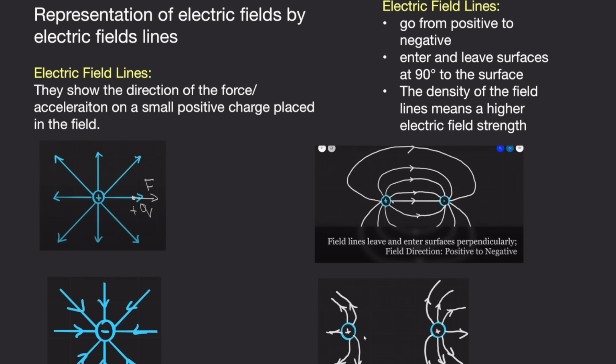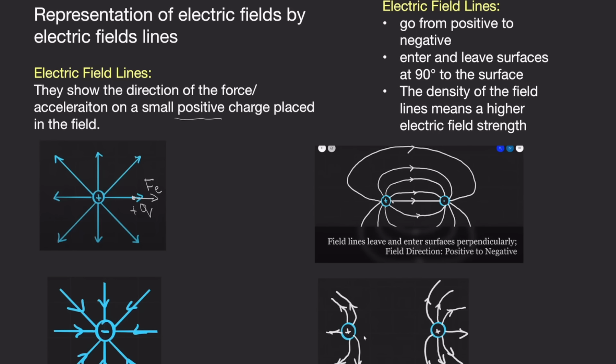Now, the electric field lines show that direction. They show the direction of the force or acceleration on a small positive charge that's been placed in the field. I'm just going to underline the word positive because that's really important. That's how we define the whole of electric fields in terms of positive test charges. Drawing the electric field lines is very, very similar to gravitational field lines.